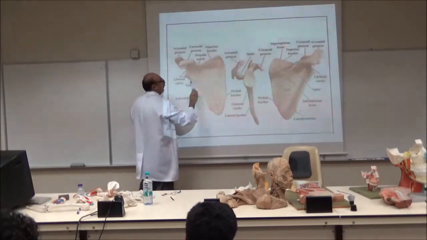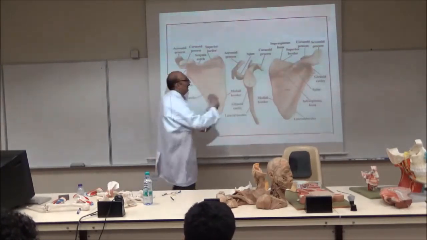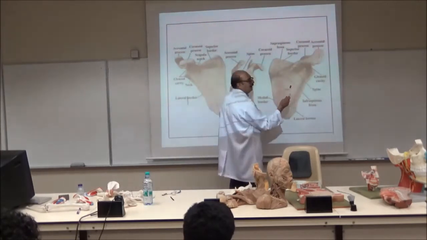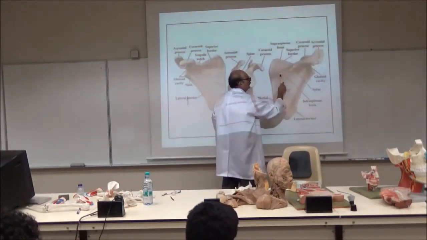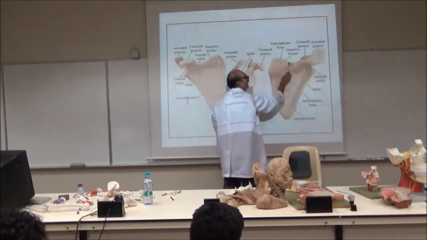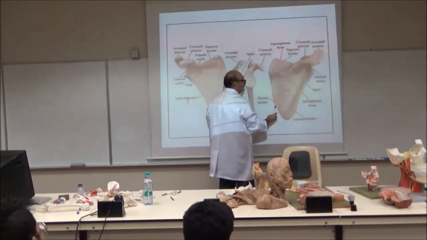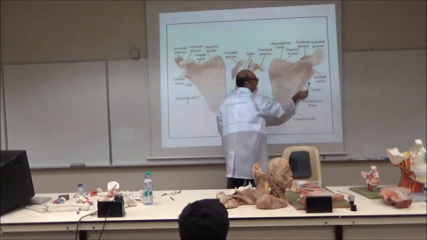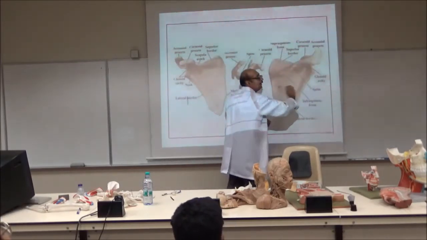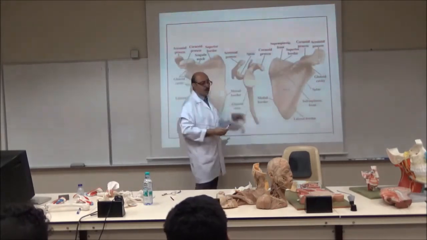Superior. What border? Very good. Again, the back: spine, acromion, coracoid, notch, superior border, superior angle, medial border, inferior angle, lateral border, glenoid cavity or lateral angle. Clear?